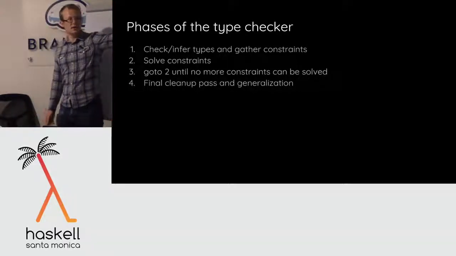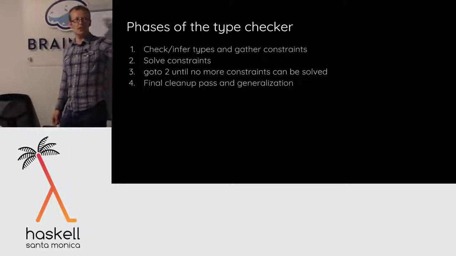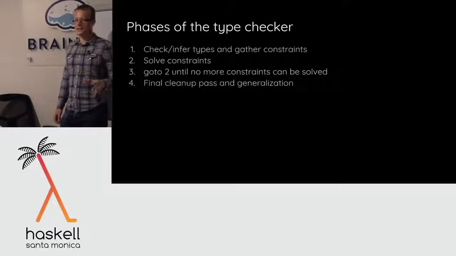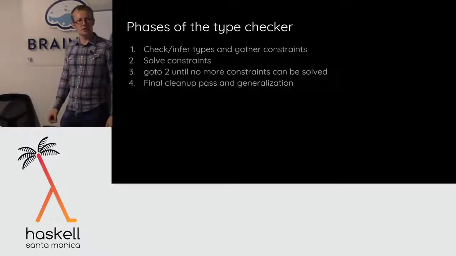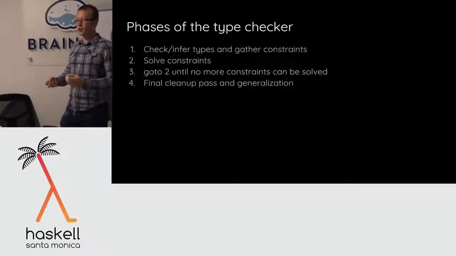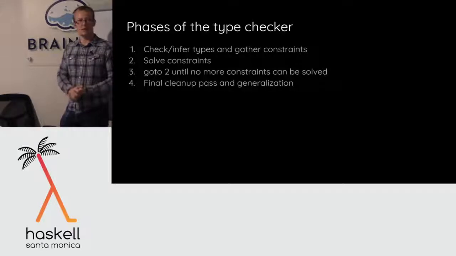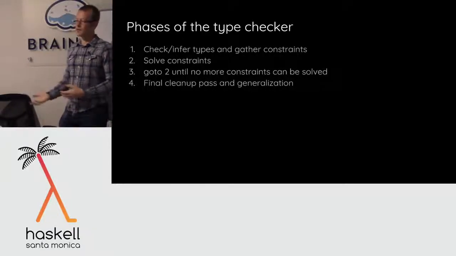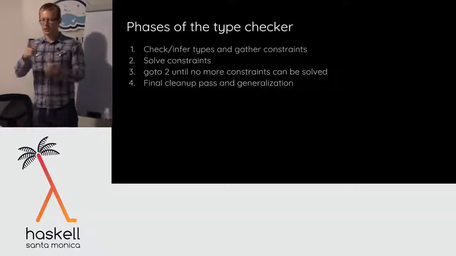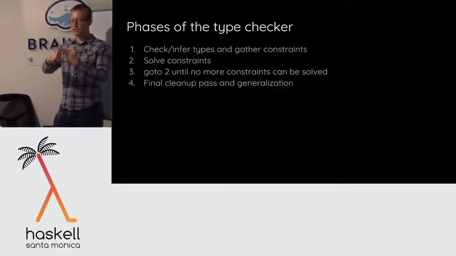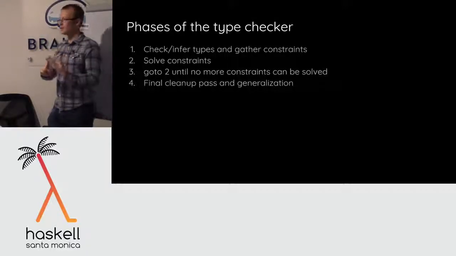Then at the end, you have to do a little more work, because there are invariants to check that didn't get broken, and we do a process called generalization, which basically means any unsolved types become new type arguments, and any unsolved constraints become constraints on the type of the inferred thing. So generally: gather constraints, solve constraints in a loop, and clean up is the high-level version.